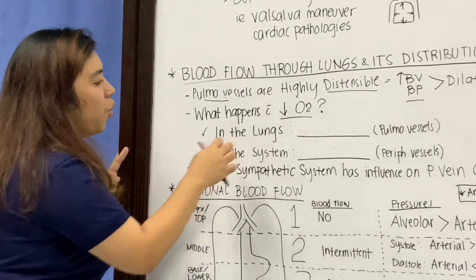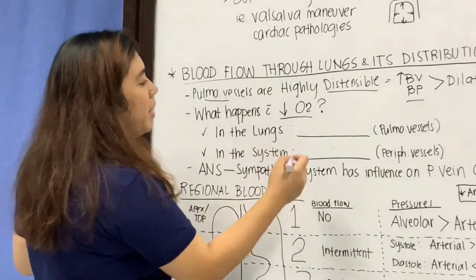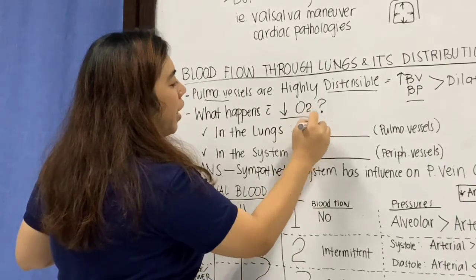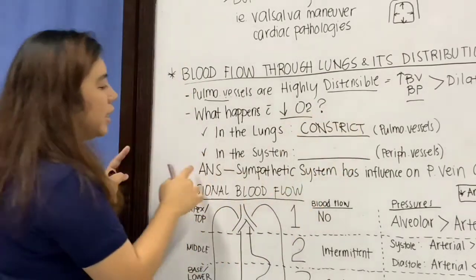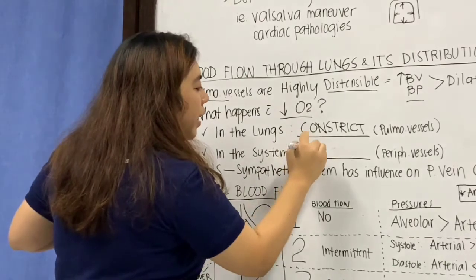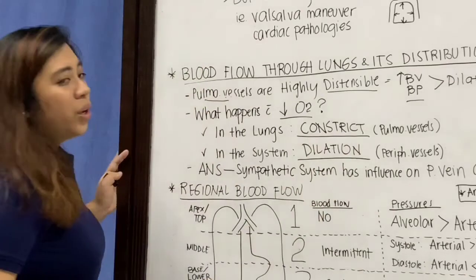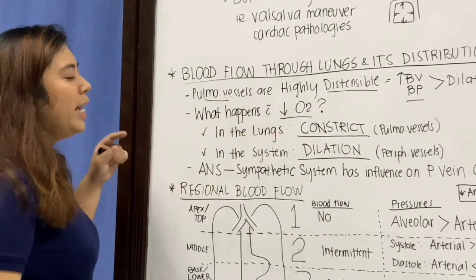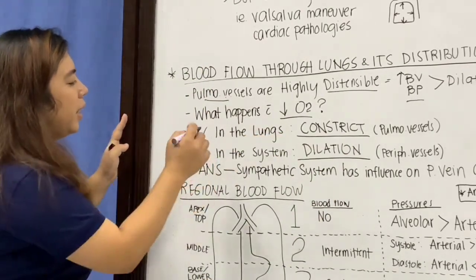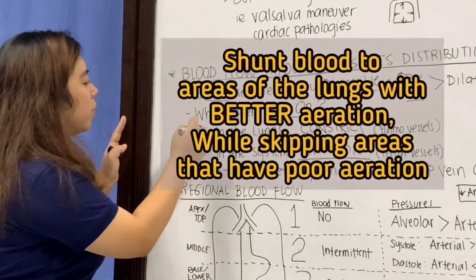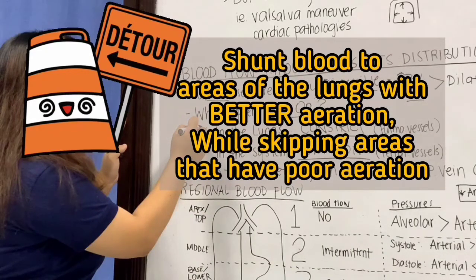So in the lungs, if there is decreased oxygen, the mechanism is to constrict the pulmonary vessels. While in the system, there is dilation of the peripheral vessels. So they are opposite. The reason for the constriction happening in the pulmonary vessels of the lungs is to shunt the blood or redirect the flow to areas of the lungs with better aeration, or where it is functional, to send the blood, but at the same time skipping areas that have poor aeration or are less functional.